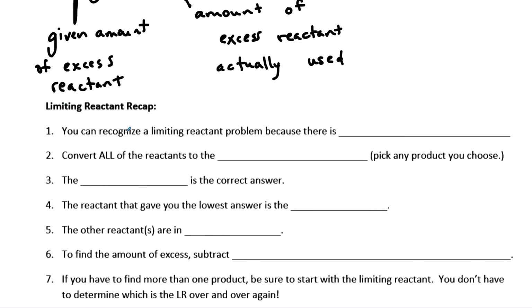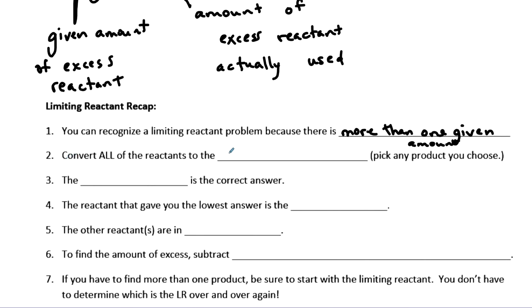So just a quick recap on limiting reactants. You'll recognize a limiting reactant problem. Well, first of all, it'll say something about limiting reactants, but there's always more than one given amount. Whereas in all our other stoichiometry problems, you are just given one amount of one of the reactants or products. In a limiting reactant problem, you're told how much of each reactant you have.